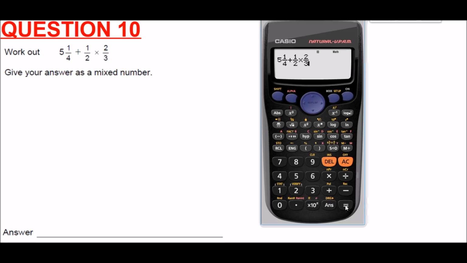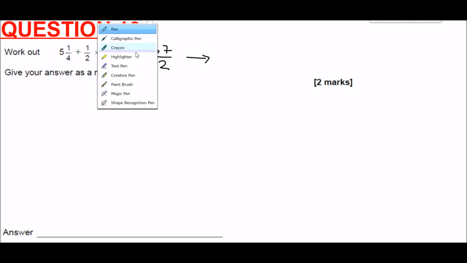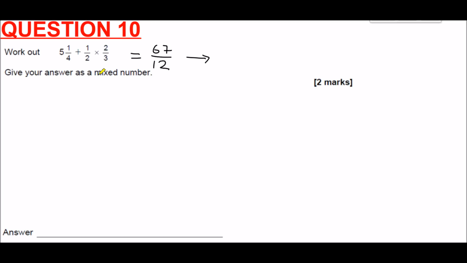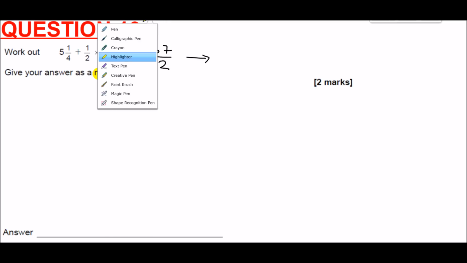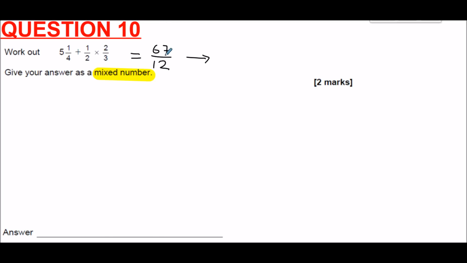So press equals, we get 67/12. So just for putting 67/12, that would be 1 mark. But we want the answer as a mixed number. So how many 12s go into 67? We can fit 5 with 7 12s left over.